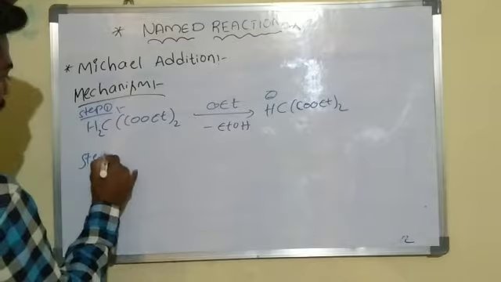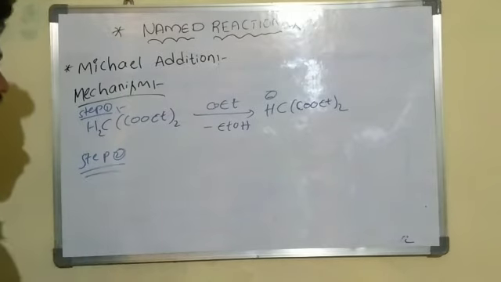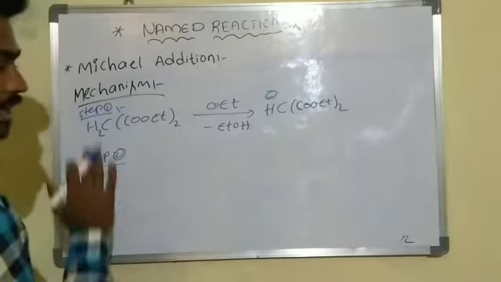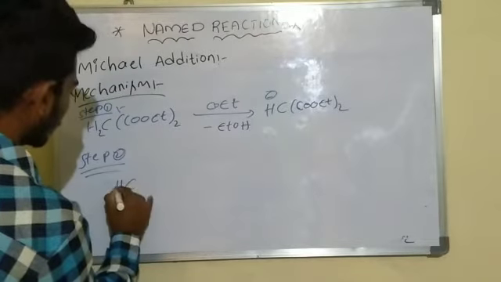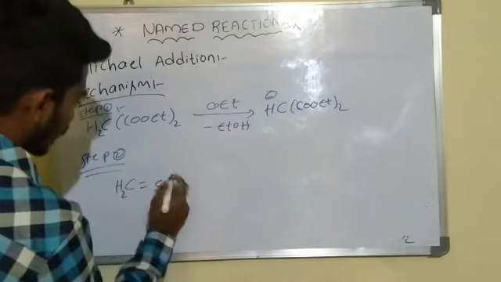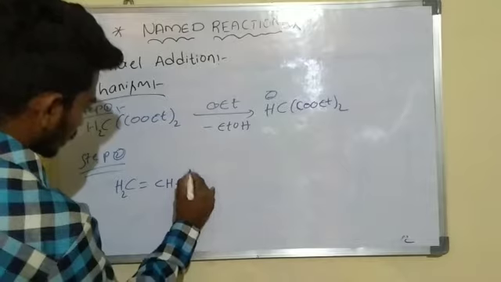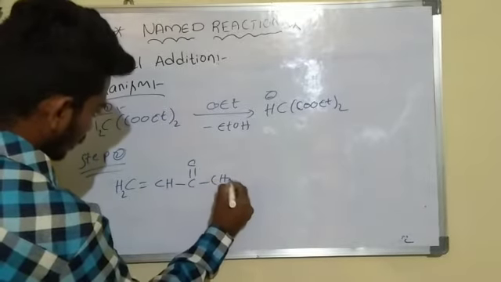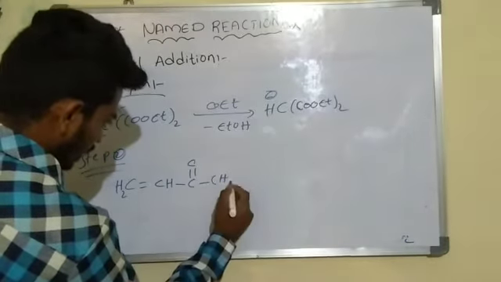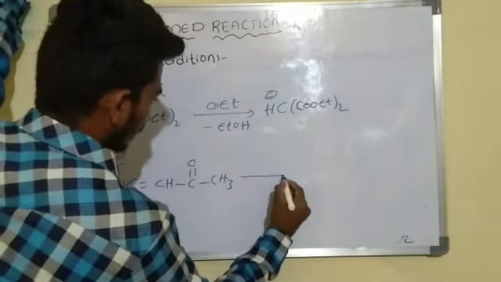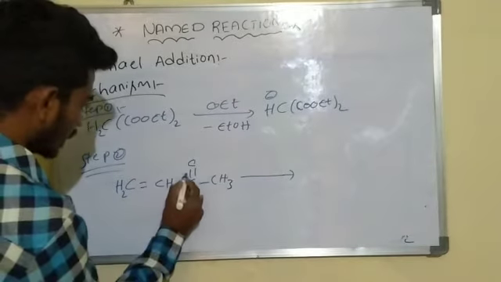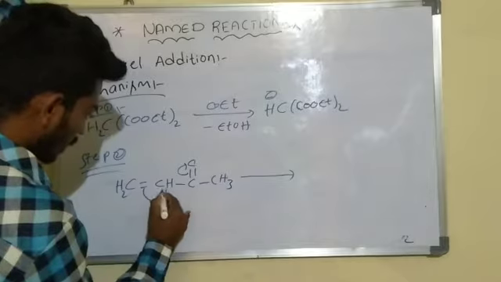In the second step, we take the other reactant, that is the alpha beta unsaturated carbonyl compound, that is the alpha beta unsaturated ketone. Here the double bond migrates.